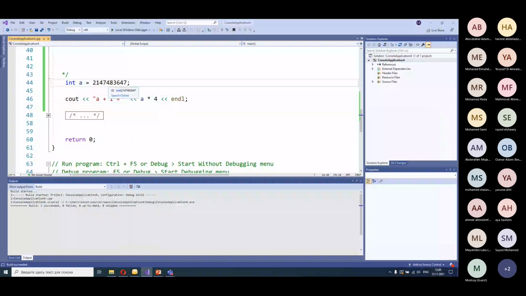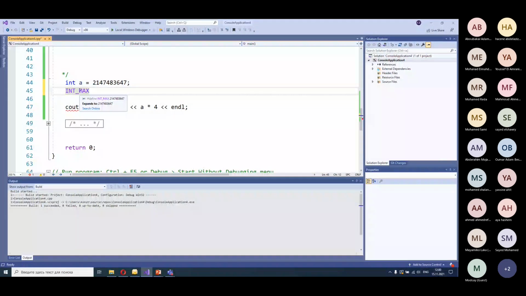So instead of this constant, you can use just a predefined constant INT_MAX for the upper bound of the integer numbers, and for the lower bound you can use INT_MIN.